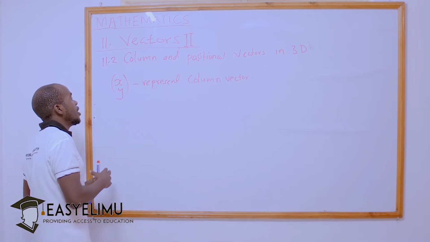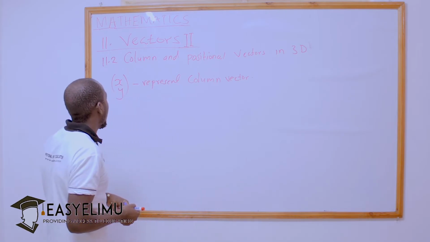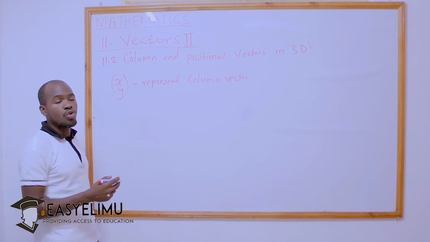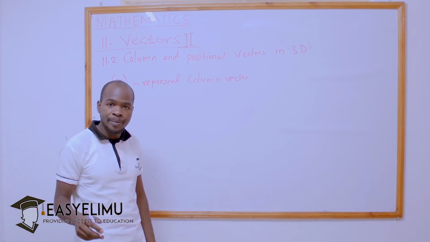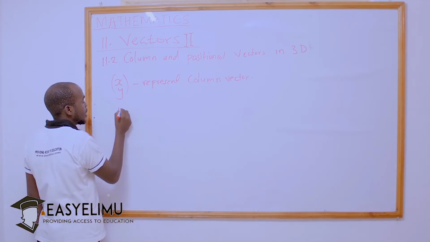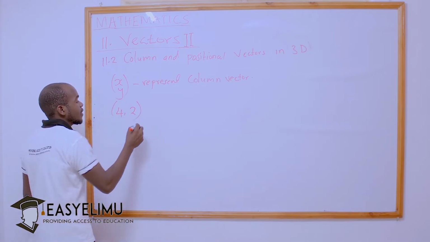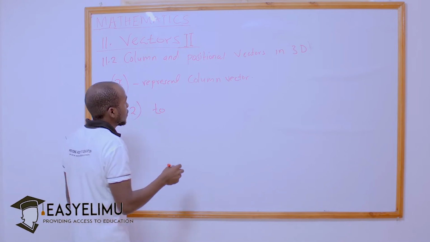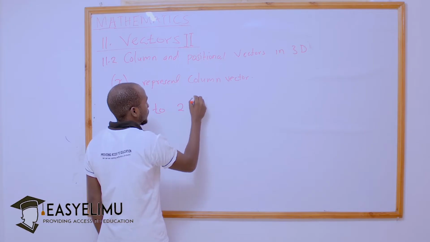For example, if we deal first with the column and position of vector in 2 dimensions, we shall find out that if you need to find the vector in 2 dimensions, for example, let's say the displacement of a given point, we may take a point which was at 4, 2, displaced from 4, 2 to a point, let's say 2, 1.